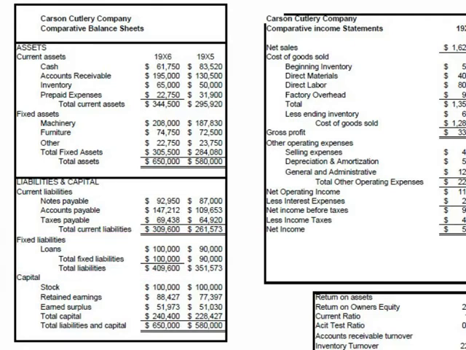Capital is the actual ownership of the corporation. That is the owners, the wealth of the owners invested in the corporation, and it includes the original investment in stock. It includes the retained earnings over many years before. It includes the earned surplus for the most recent year.